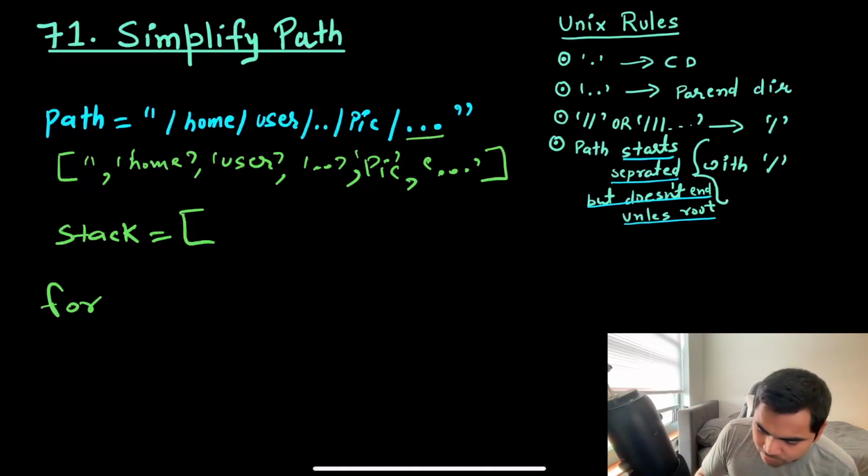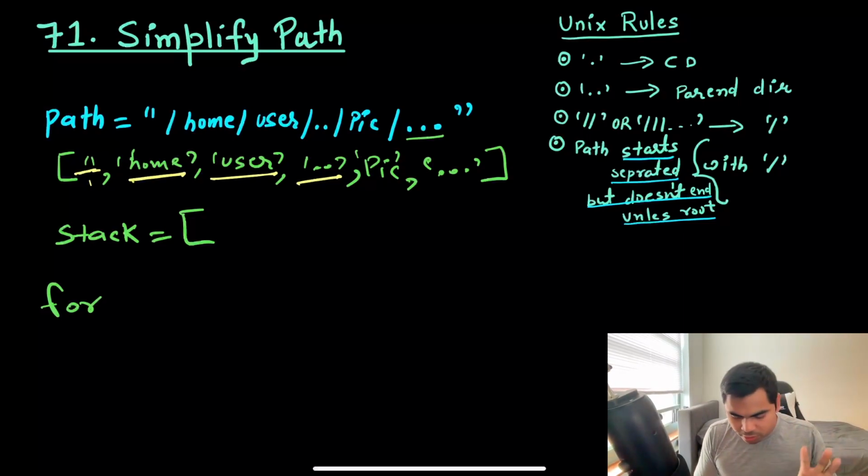So these are the values that we have: an empty string because of the front slash, home, user, double period, pick, and triple period.